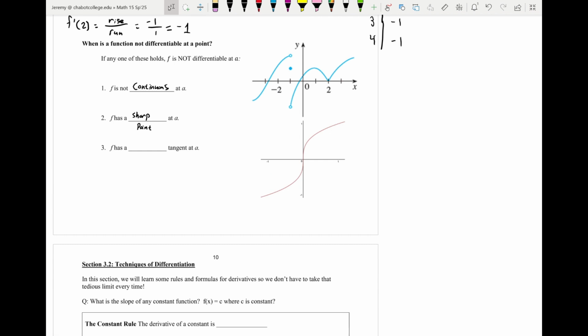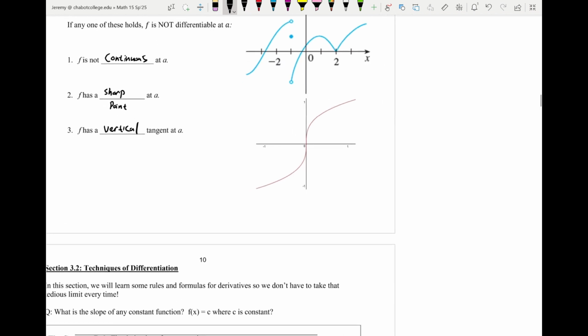And the last one is if f has a vertical tangent line. Looking at this second picture right here, at x equals 0, the tangent line is this vertical line here. What is the slope of a vertical line? Remember, slope is rise over run.